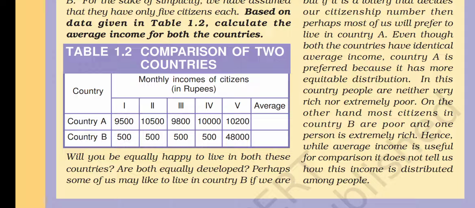When we learn about average income 10,000 or 11,000 for country A and B respectively, it becomes very difficult for us to know how much an individual in that country earns, right? So if we are not given the individual earning, we will probably prefer to move to country B. But looking at the individual's earning, we will prefer to be in country A.